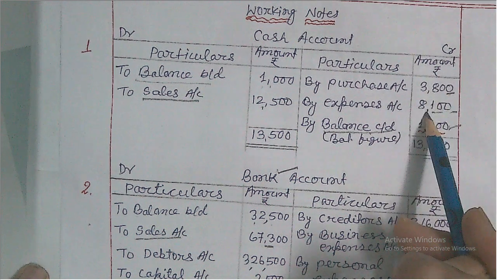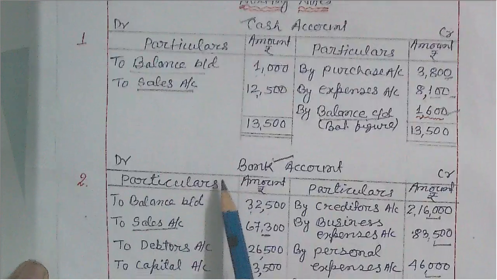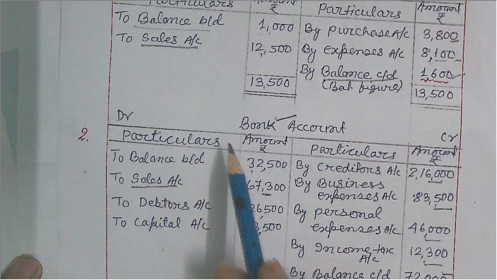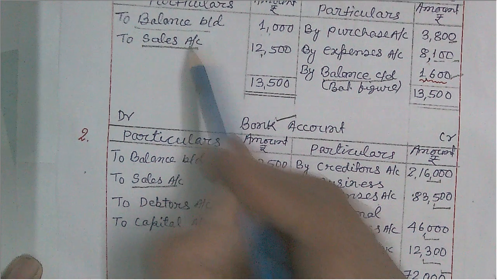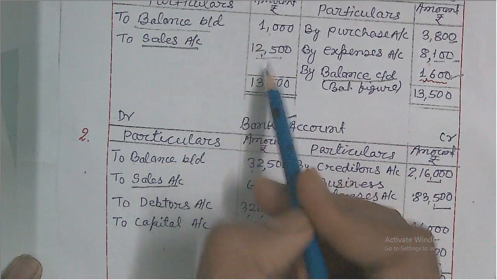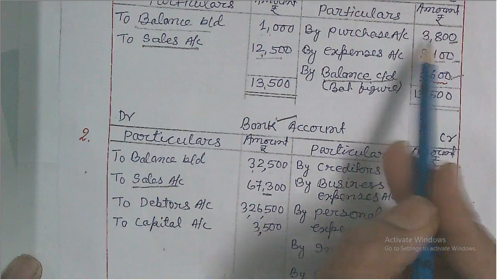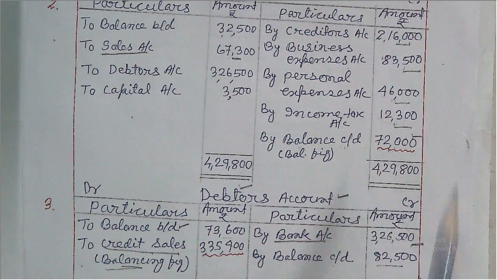So these are the cash transactions, so we have recorded them in cash account. Bank transactions we have to record in bank account. Okay, so now debit plus sales, this is a debit total 13,500, and credit total is in the balance sheet, bank balance 72,000.